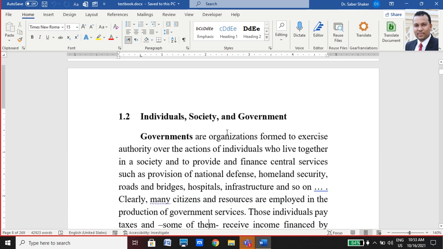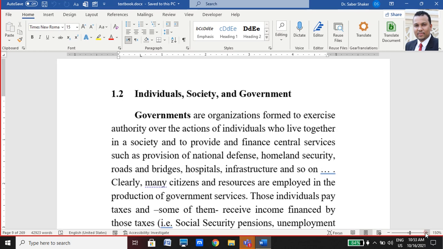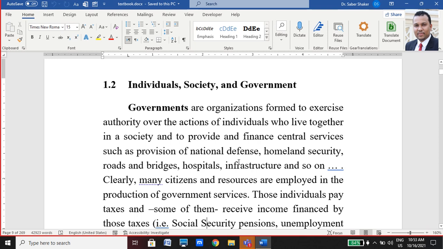First, individuals, society, and the government. As we mentioned before, governments are organizations formed to exercise authority over the actions of individuals. But for this point, we talk about the government, like any organization, trying to achieve some goals for the residents or population.